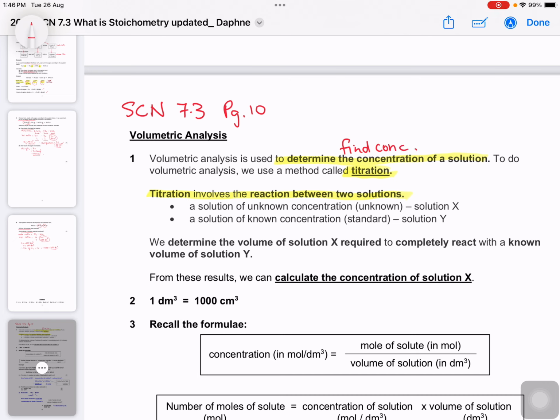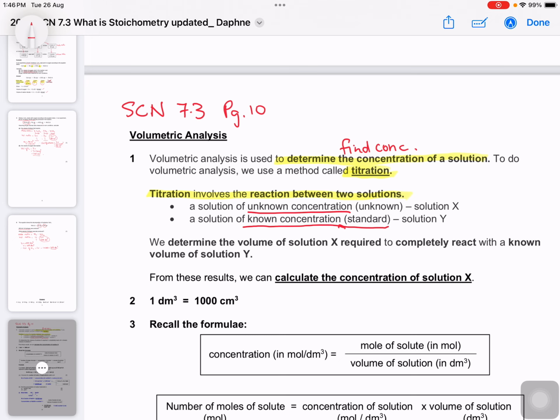Now, you are reacting two solutions. One of them has an unknown concentration. That's the one we want to find, our unknown. And to find the unknown concentration, we have to titrate it with another solution with a known concentration. If it is a known concentration, we call it the standard solution.